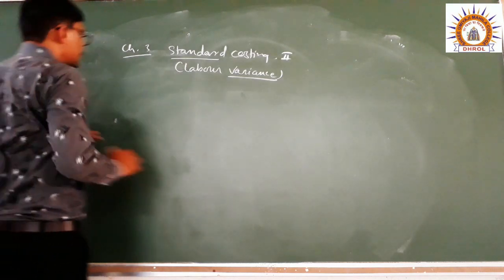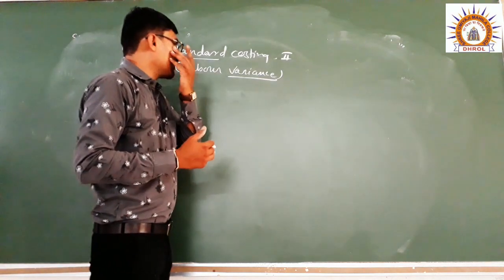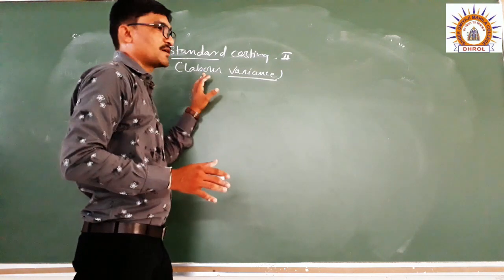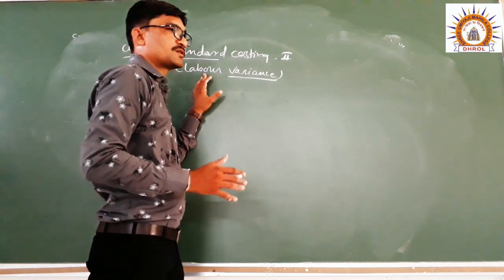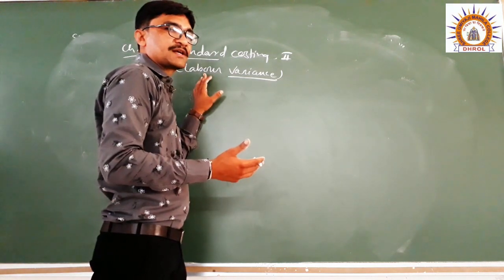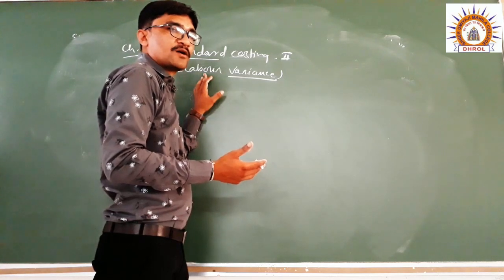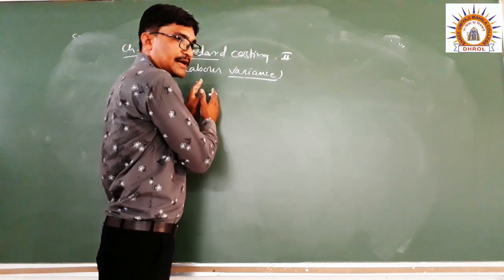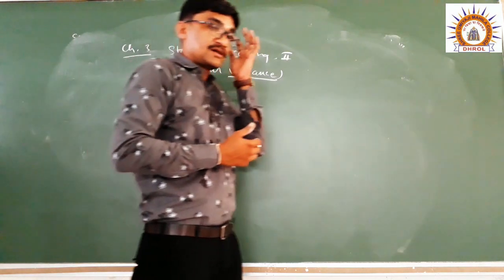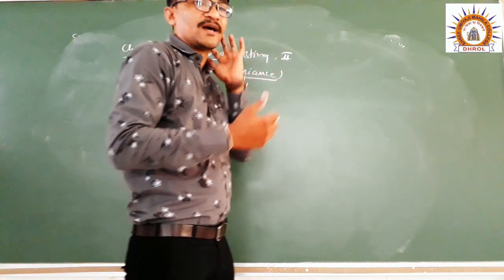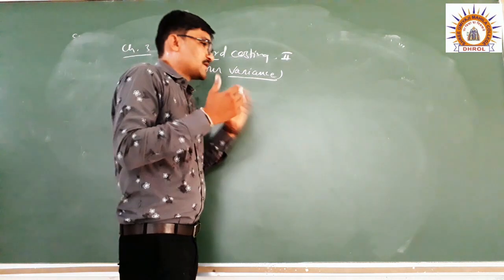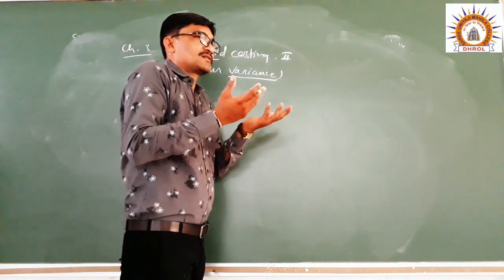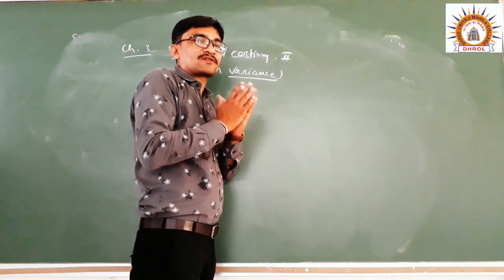Next, labor variance. Simply, we can say that laborers are employed in particular manufacturing industries for producing products. So how can we find out the variance between laborers? Simply, all the laborers are not the same.